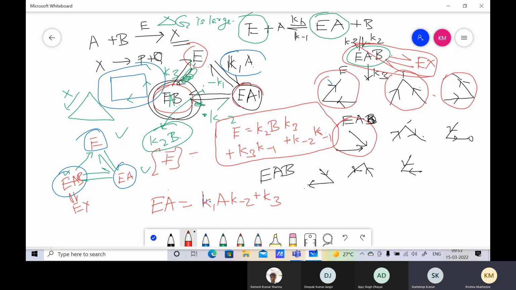K-2 नहीं, K2 है सिर्फ. हाँ, K-2 नहीं, EA में सिर्फ K1A और ये K2 K-2 होगा ना? K2 है सिर्फ. Yes, sir. K-2. ये तो K2 ऊपर वाला लिखा था, ये तो K2B इधर है.